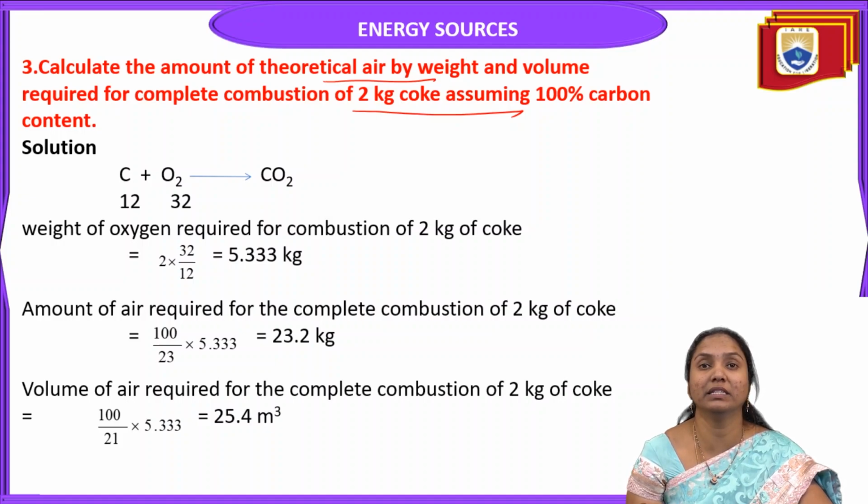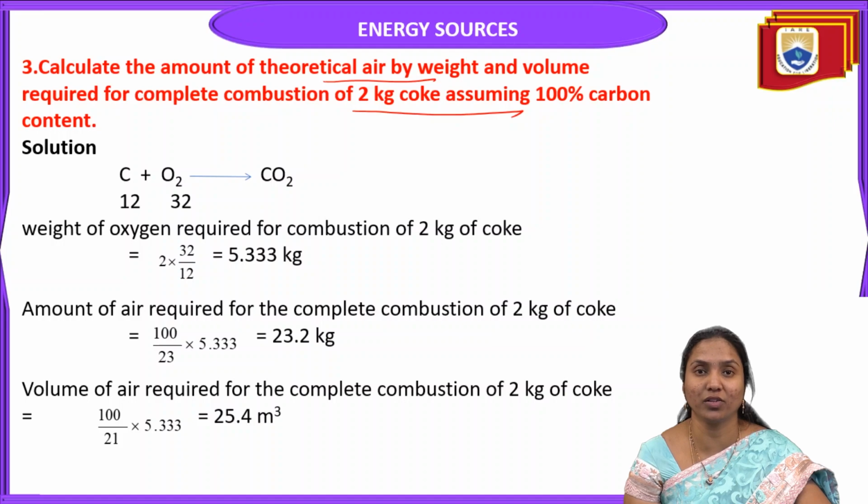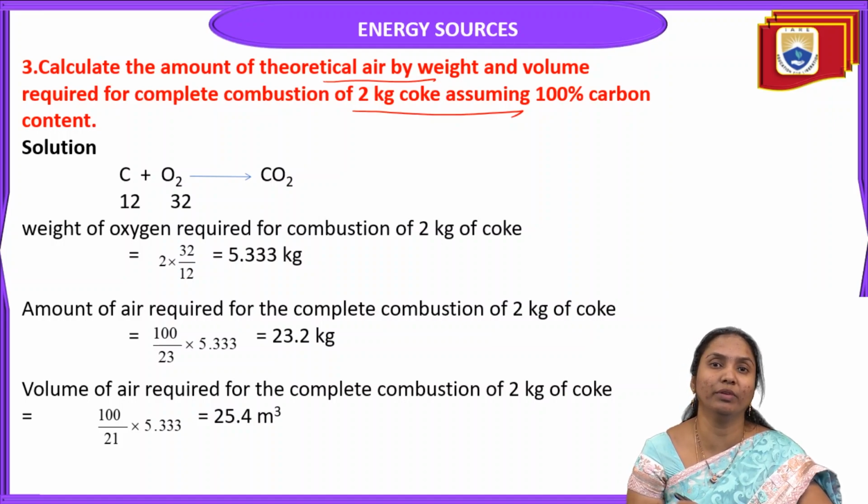Here you can calculate the theoretical air by weight. By weight, we use 100 by 23 because air contains 23% oxygen by weight. For volume, air contains 21% oxygen by volume, so we use 100 by 21.